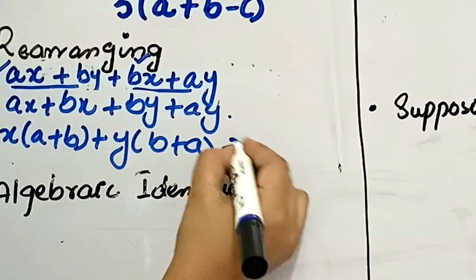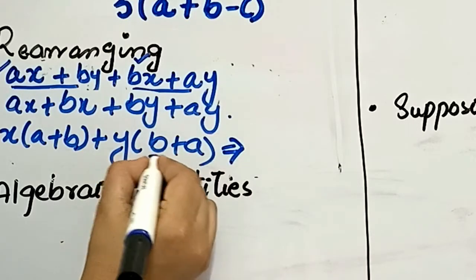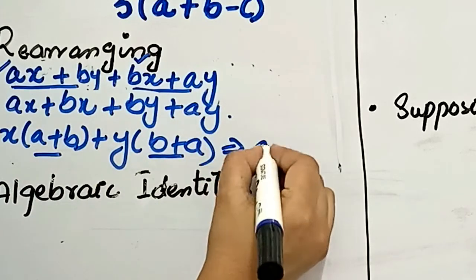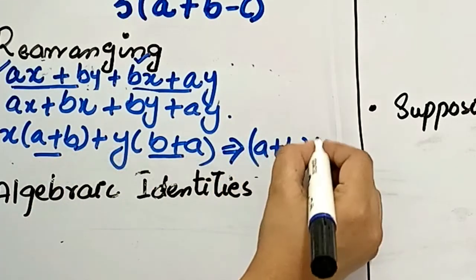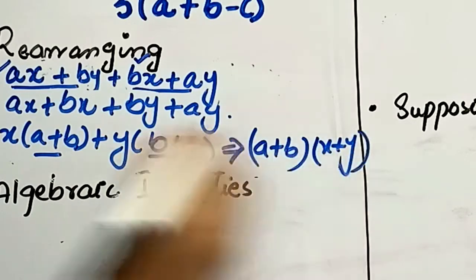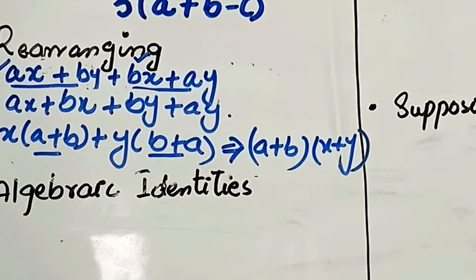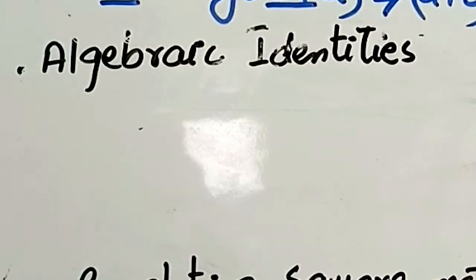So it can be a plus b and a plus b. A plus b is common from these both two terms, so x plus y will be remaining. Fine. By rearranging we can also take factors of any polynomials. Another one is algebraic identity.